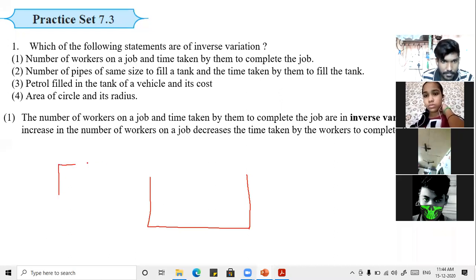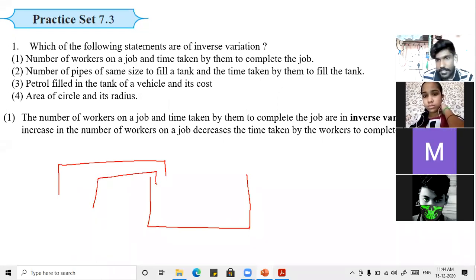So suppose this is one pipe here and this is the second pipe. I'll call them pipe 1 and pipe 2. Now pipe 2 is closed, and pipe 1 is open and water is flowing.